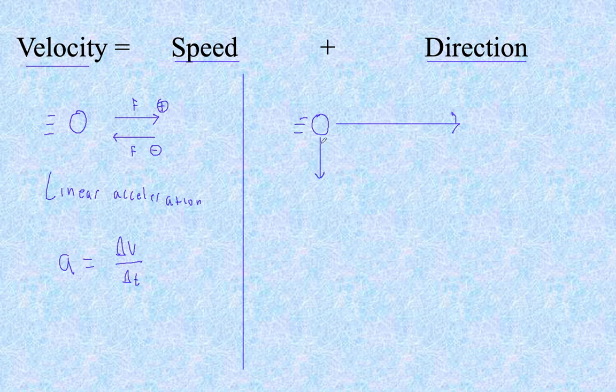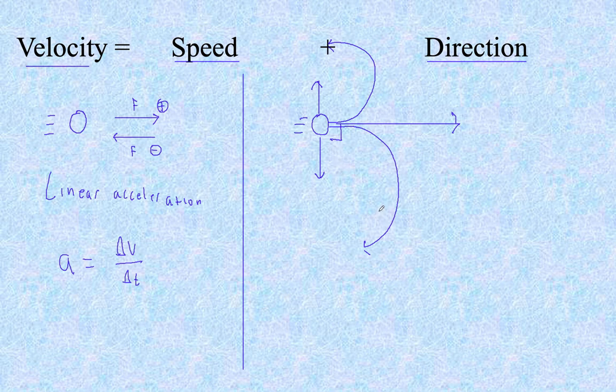So if I exert a force to the right as it's speeding along, the thing's going to go in a path like that. And if I exert a force to the left, well, surprise, surprise, it's going to turn left. So forces that are at right angles to the velocity are ones that cause it to change direction.